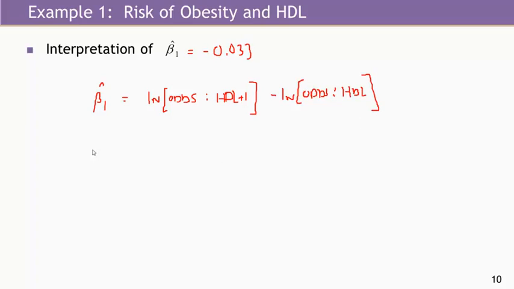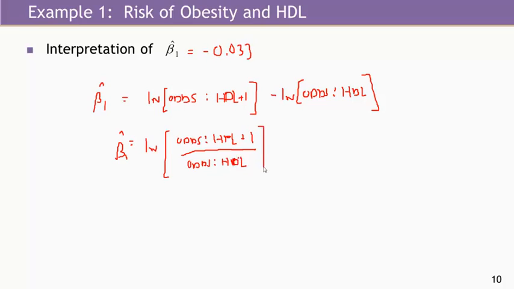And again, we've said a difference in log odds is akin to the log of the first thing over the second thing. So this is the log odds ratio of being obese for two groups who differ by 1 milligram per deciliter in HDL cholesterol level.